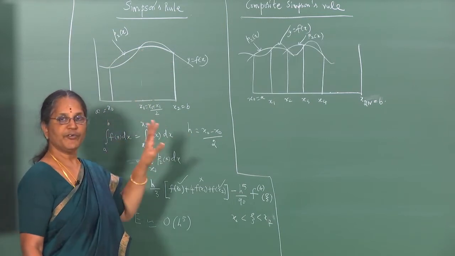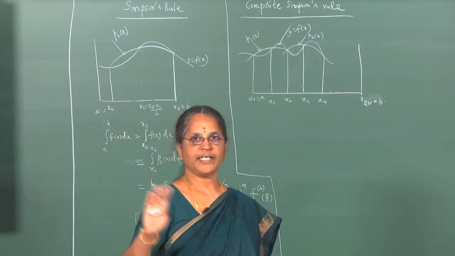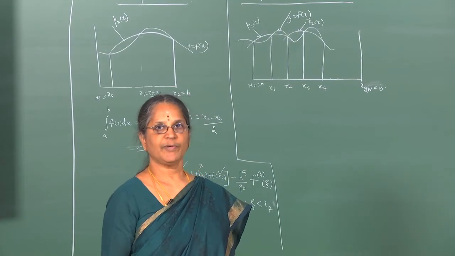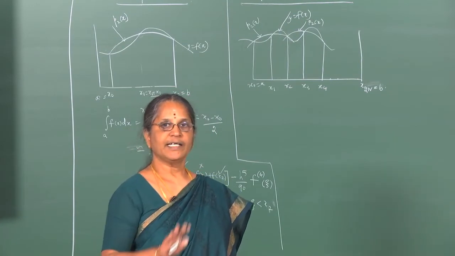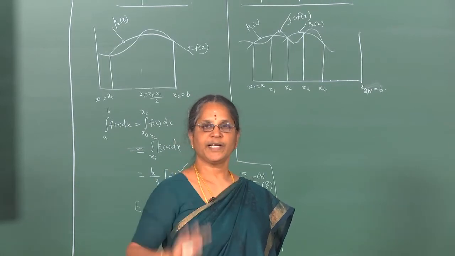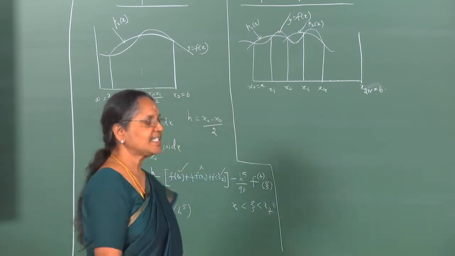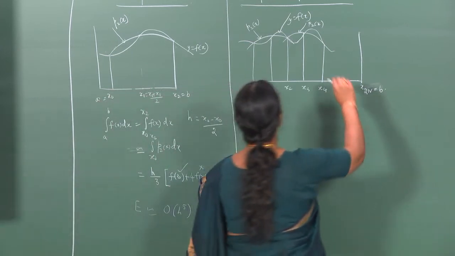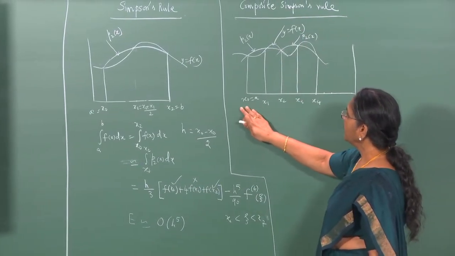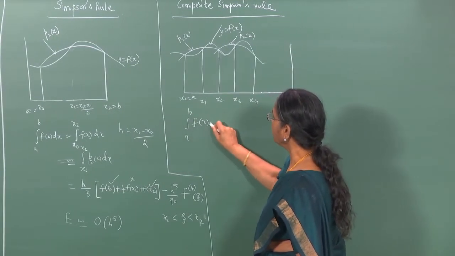And so, we have to divide the interval a to b into an even number of equal subintervals and apply Simpson's rule in each of the appropriate intervals and see what we get. This results in an integration method which is called Composite Simpson's rule, where my integration is between a and b.